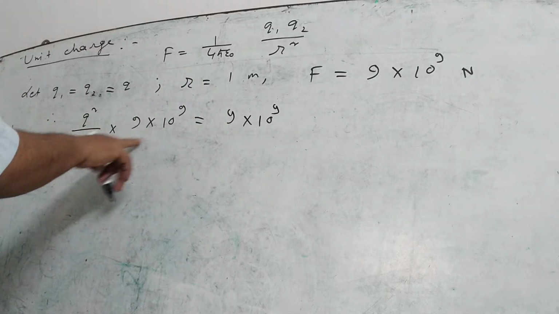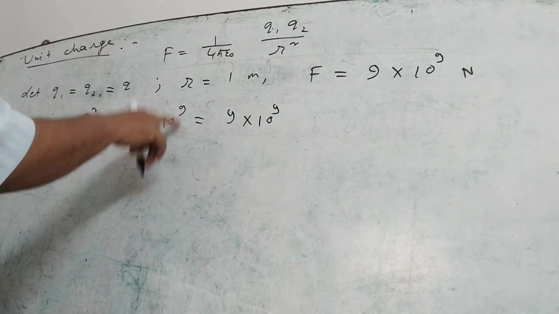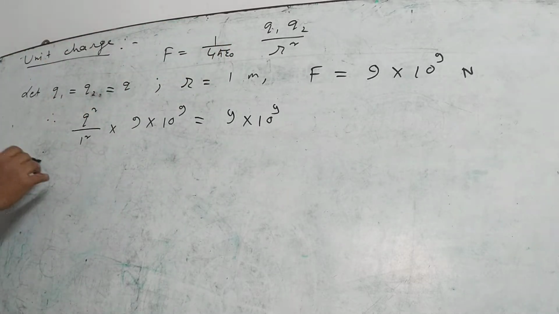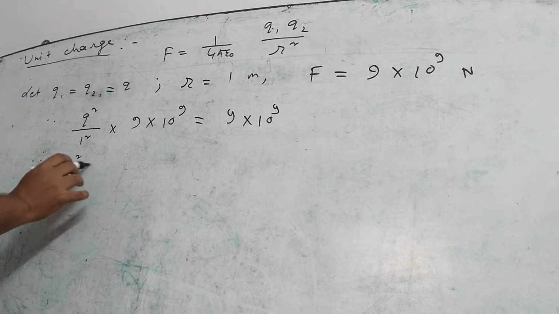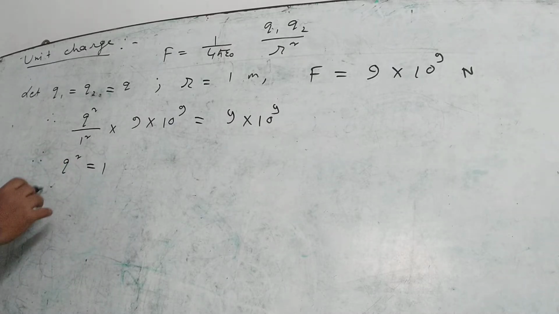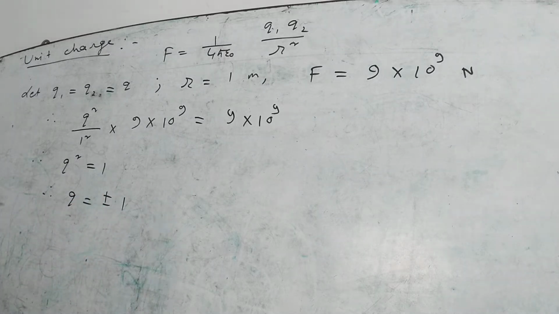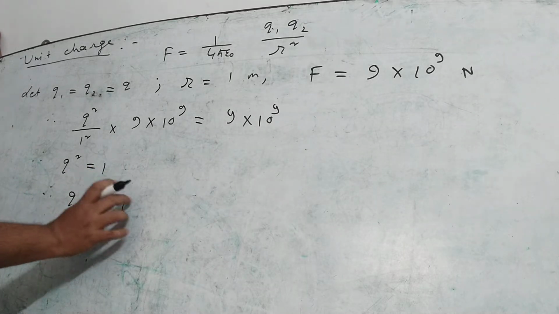This 9 into 10 to the power 9 term is the value of 1 by 4 pi epsilon 0. Therefore, we can write Q square is equal to 1. Therefore, Q is equal to plus or minus 1. This charge is known as 1 Coulomb.